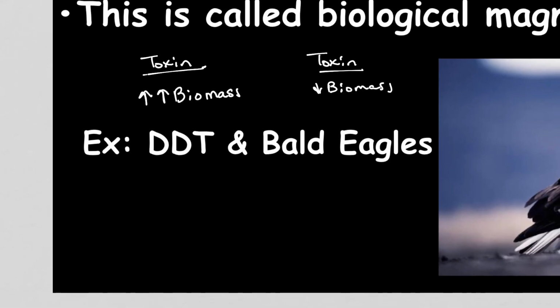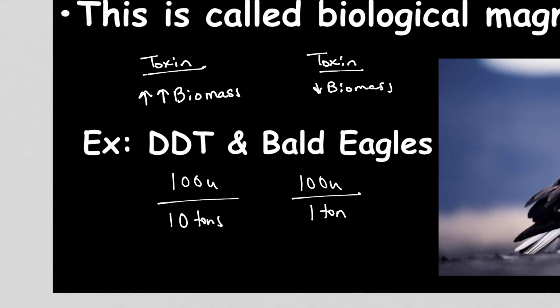So these numbers are arbitrary. I don't know how DDT is actually measured, so I'm not making any assumptions that I do, but I just want you to think about this. The best way to think about this is mathematically. So let's assume that we have 100 units of DDT, and we have 10 tons of producer and 1 ton of the higher level consumers.